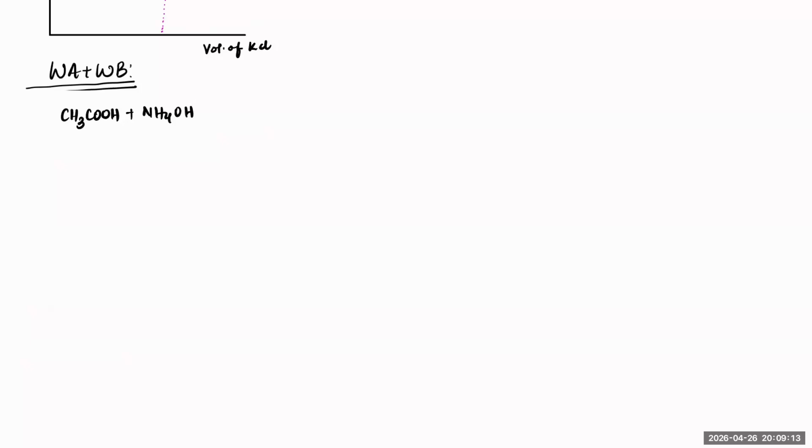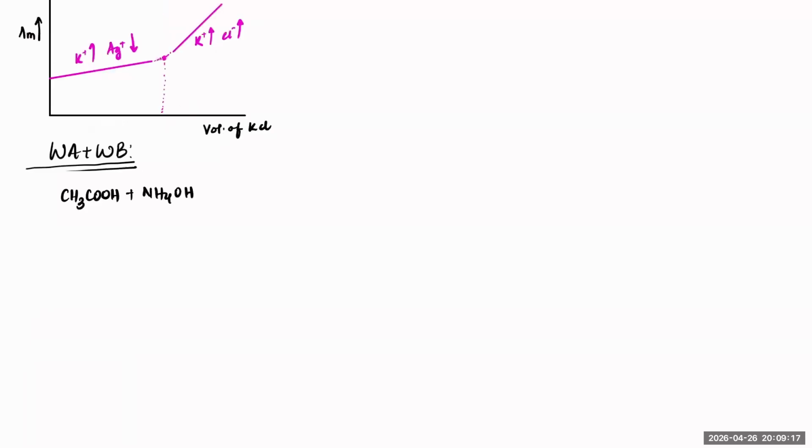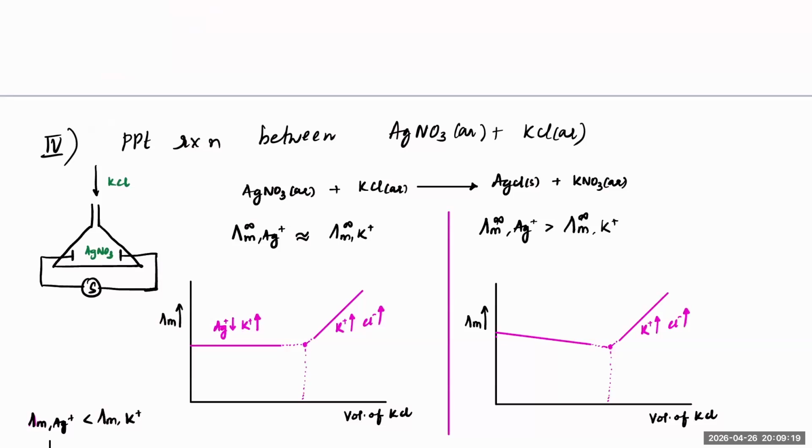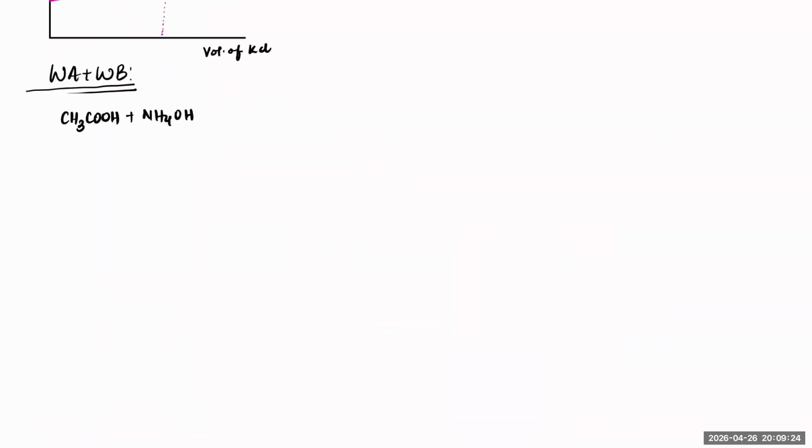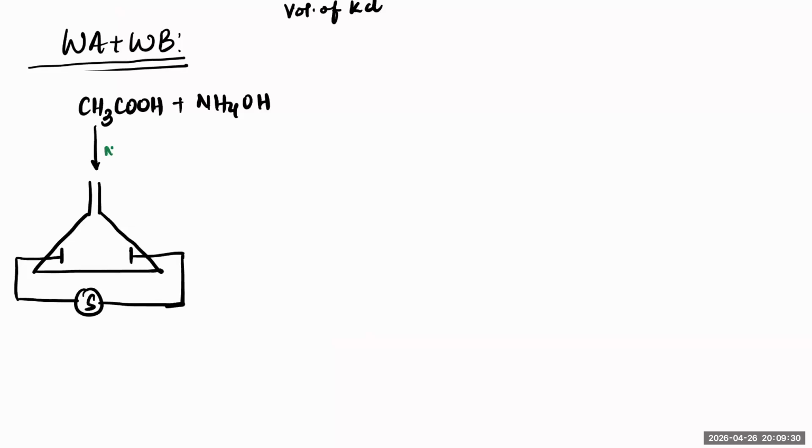So if you have a weak acid and a weak base, consider one of them is in the burette here. We can take the same graph. Let's say NH4OH is being added from the burette, and in the solution we have acetic acid, CH3COOH.